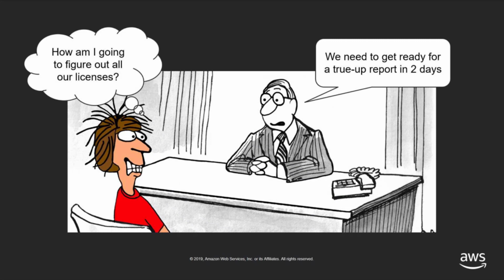Enterprises have to spend significant time and resources to manage onerous negotiations, audits, and true-ups with software vendors, often incurring heavy penalties in the process. When a true-up or audit comes up, customers have to scramble to figure out how many licenses are used.